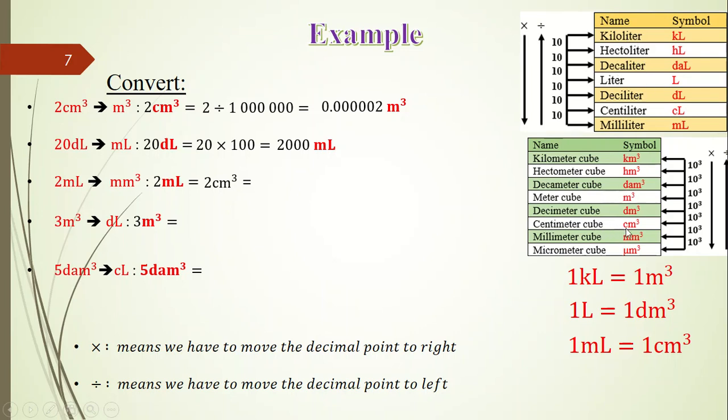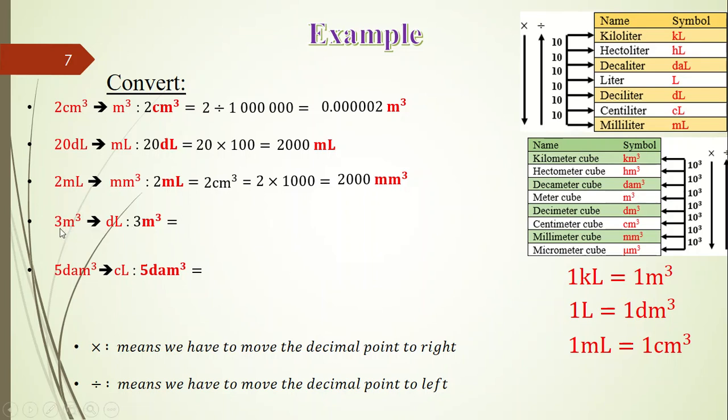Now I am in centimeter cube. I can simply convert from centimeter cube to millimeter cube. I am going downward, so I have to multiply. Multiply by what? Simply I have to count the number of zeros. From centimeter cube to millimeter cube, I have only 3 zeros. So I will multiply by 1000. 2 times 1000 gives me 2000 millimeter cube.